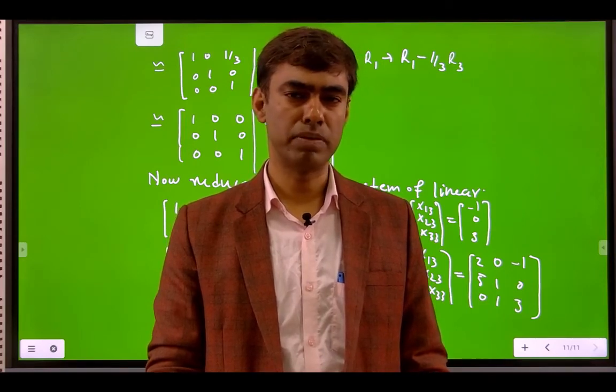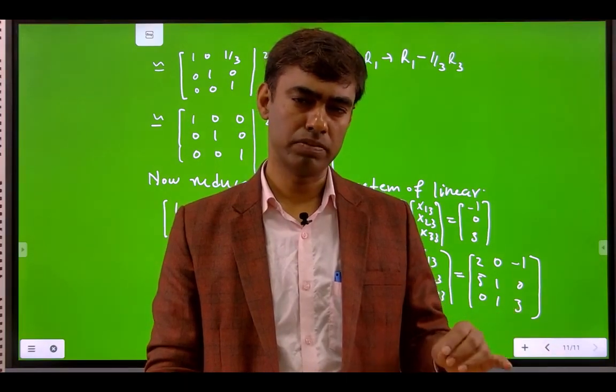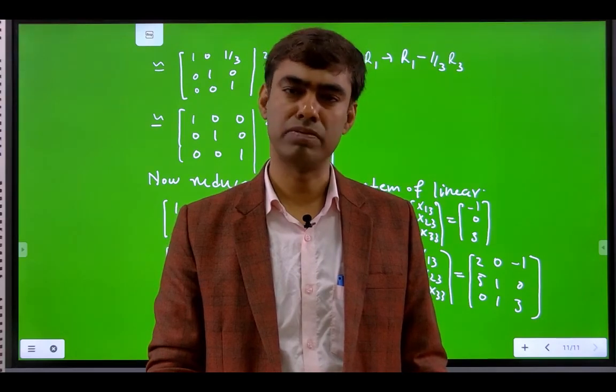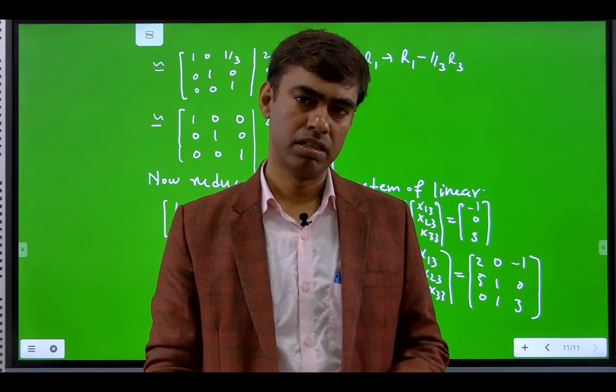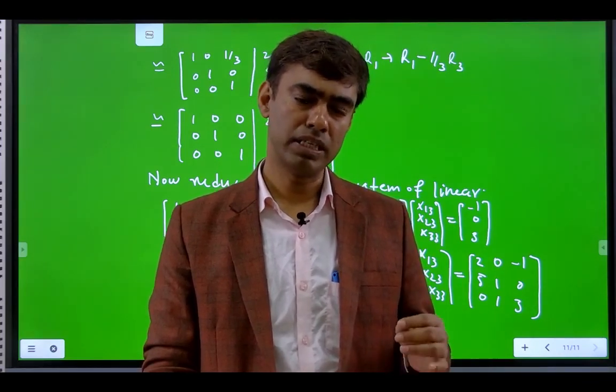Then by using the property of the inverse of a matrix, A into A inverse equals I, we write a set of a system of linear equations. Then we write an augmented system, that is, an augmented matrix.